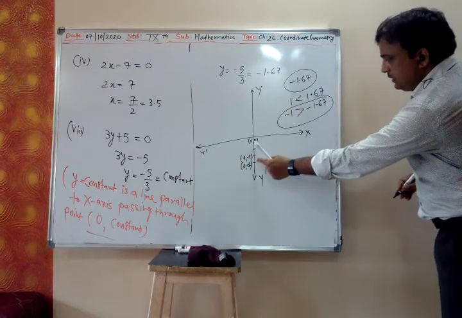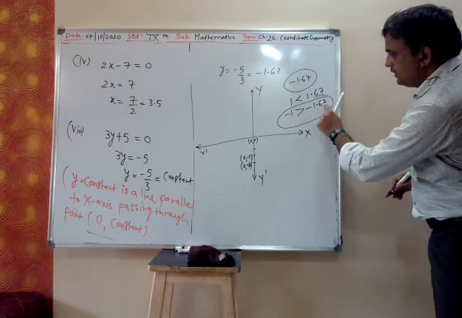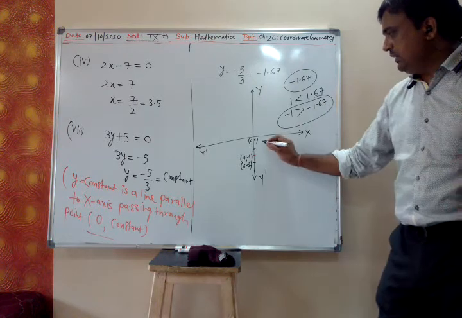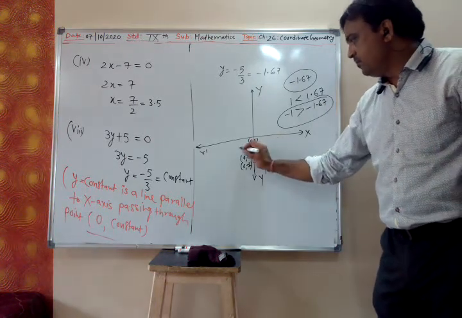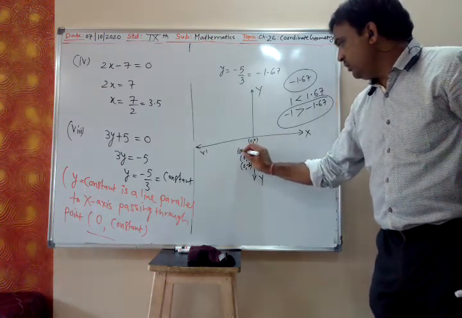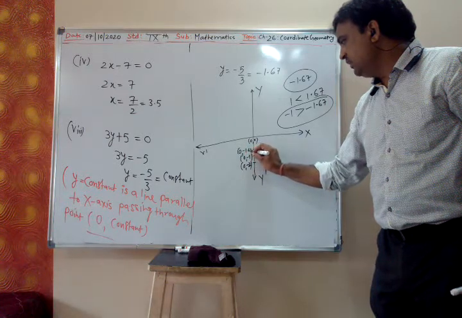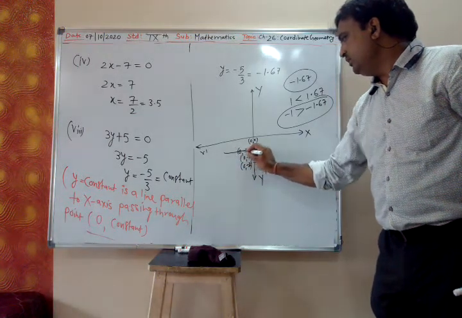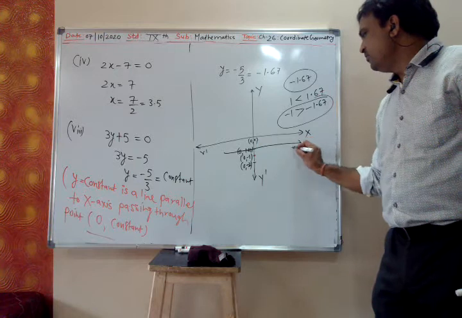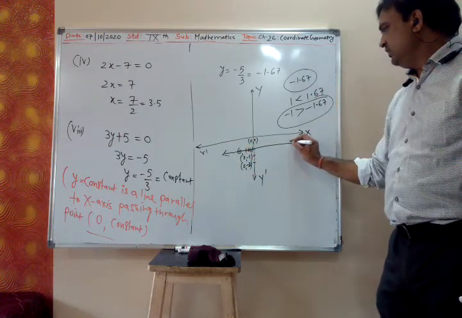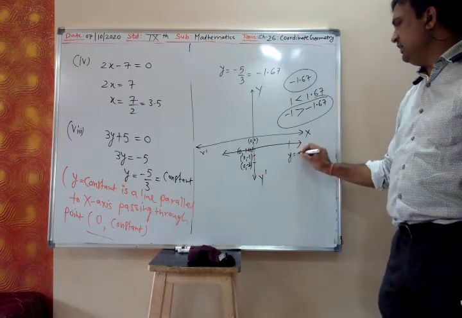That means minus 1 is bigger, so minus 1.67 is smaller. So it will lie between 0 and minus 1. So 0 comma minus 1.67 lies between 0 and minus 1. Are you getting it? So y is equal to minus 5 by 3.